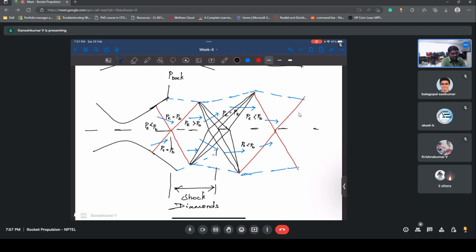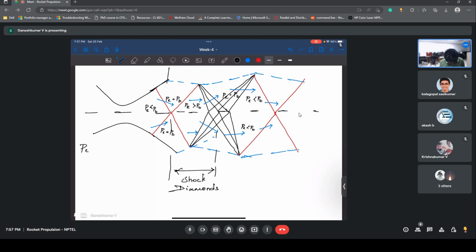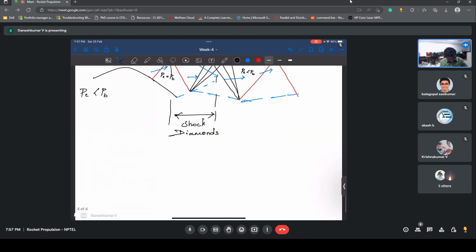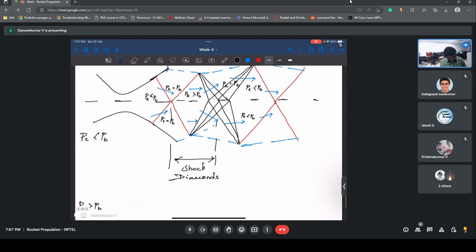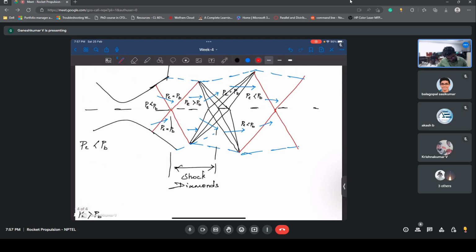Again, you need to match the ambient pressure. So this is for the case where PE, the exit pressure, is less than the back pressure, which means it has to put a shock wave to reach the higher pressure. Now, if the exit pressure is lower than the back pressure, what did we call it?